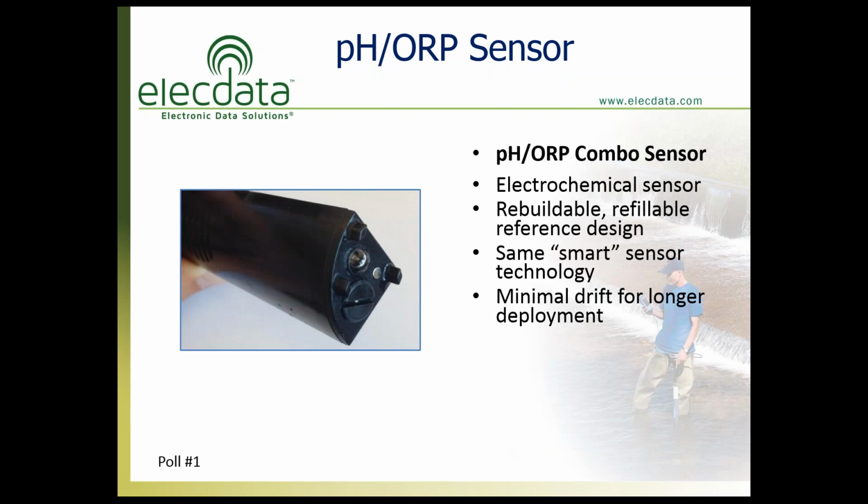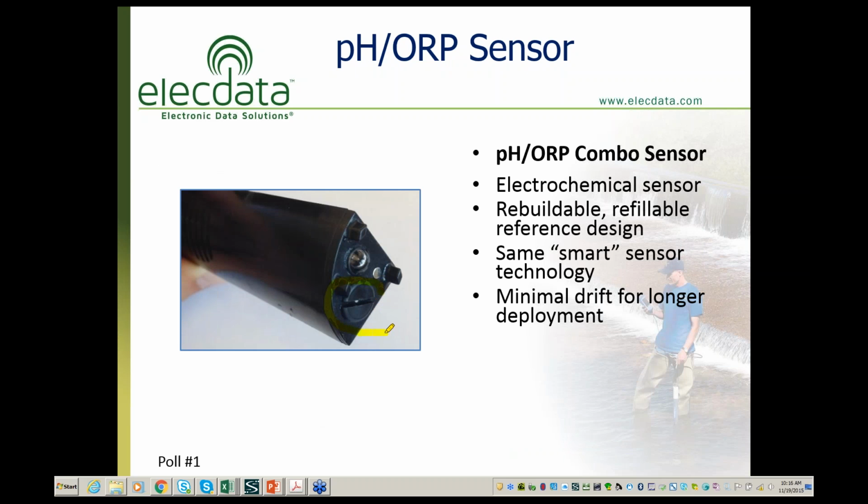Our pH/ORP sensor, we've kind of stayed with the same technology that we've had for years of having a rebuildable or refillable reference design. If you look at the close-up of that sensor right there, and let me grab my highlighting tool and draw an arrow to it, the bottom portion of this sensor is a reservoir, so you can use a dime or a flat-bladed screwdriver or knife, and maybe 3 or 4 times a year you can open this up and essentially refill this, which is basically like rebuilding your pH sensor, because all pH sensors have a reference material.